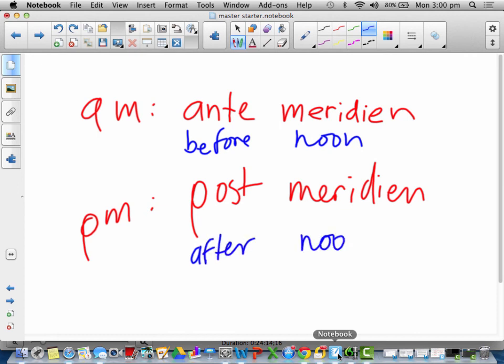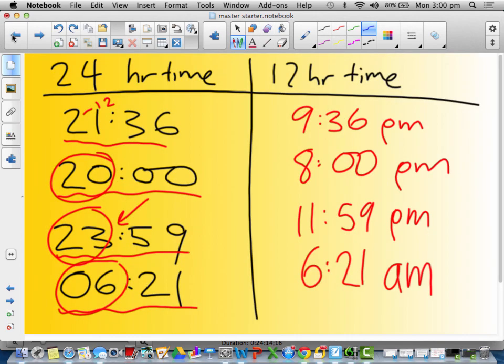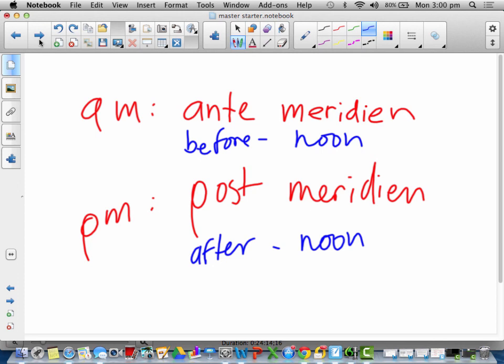I think you've probably heard that phrase before. Okay, so of course when we're looking at 06:21, that's an anti-meridian time, and of course anti-meridian means before noon. So anti means before. Okay, don't get tricked. Don't think that means after. It doesn't. It means before noon.